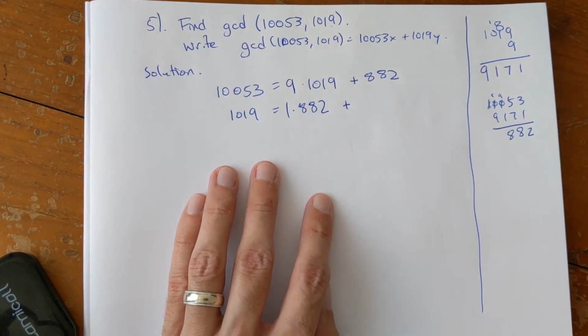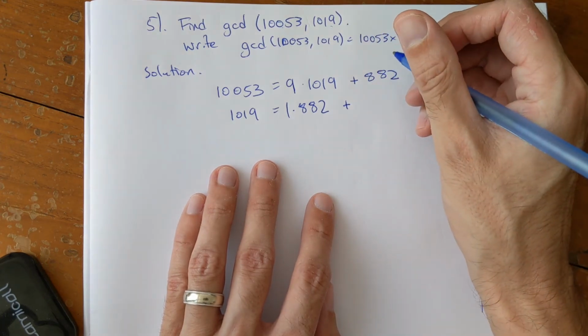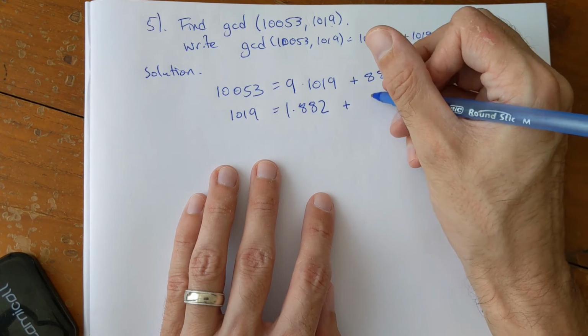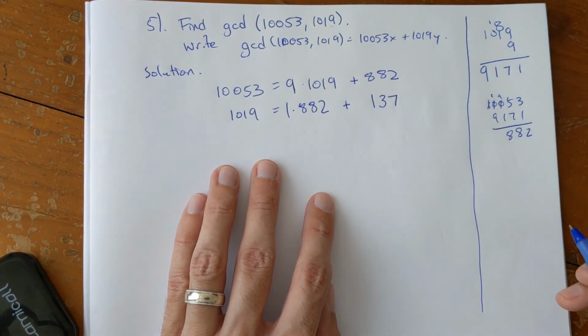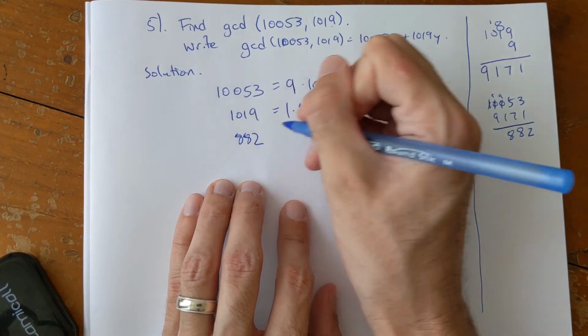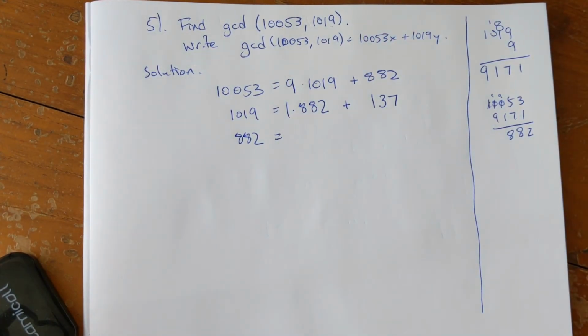I guess 137. And 137 goes into 882 how many times? Almost 6 times, but I guess just 5 times.